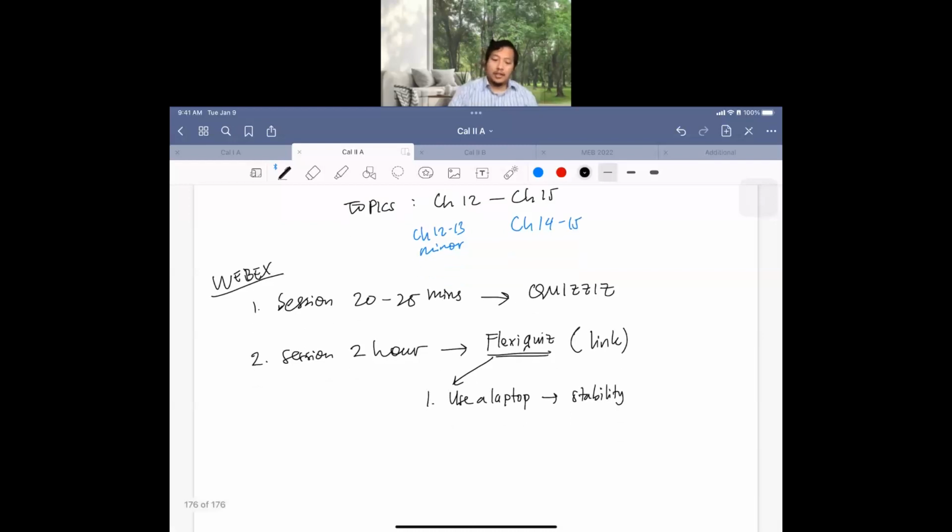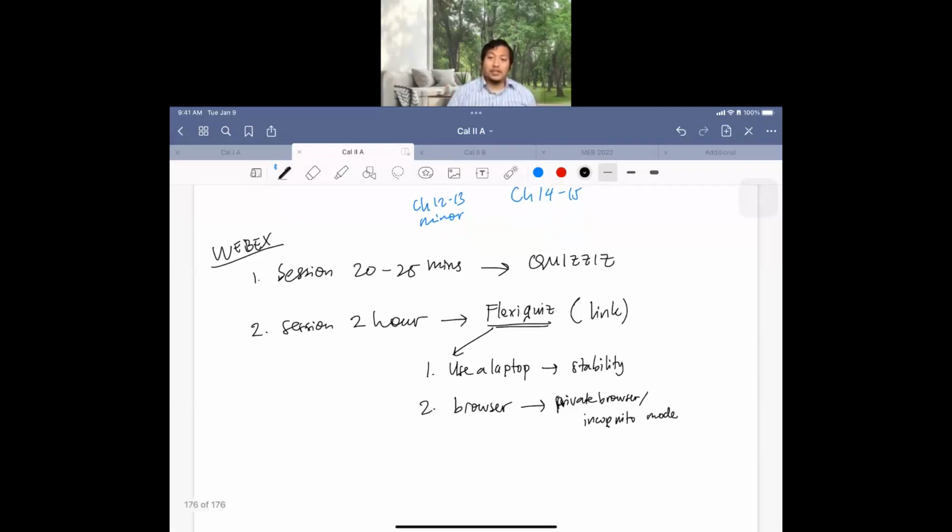Then for your browser, if you're using Windows, please use a private browser or incognito mode. If you don't know how, please Google how to open a private browser in your browser. If you use Chrome, it's called incognito. It has some troubles when you have a lot of cache files.